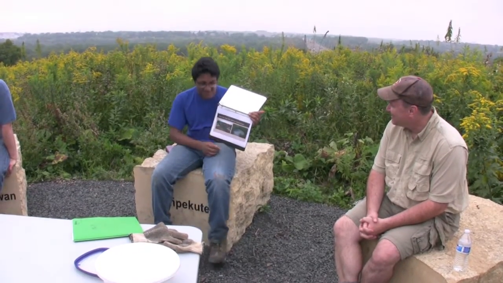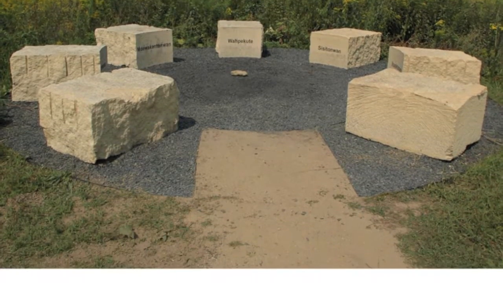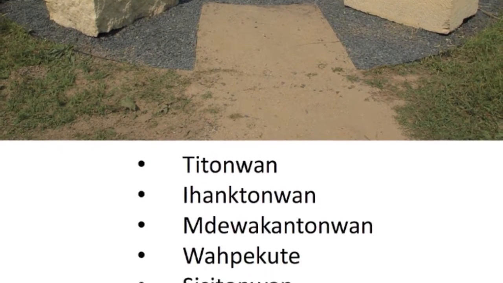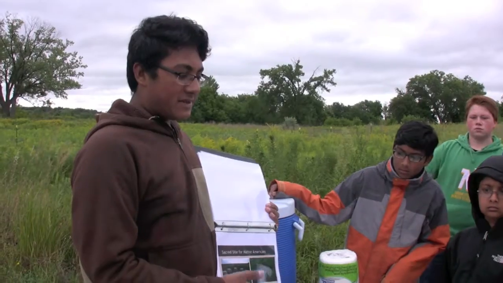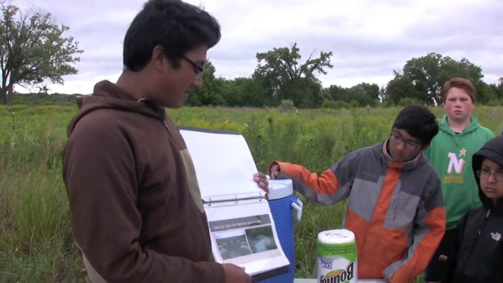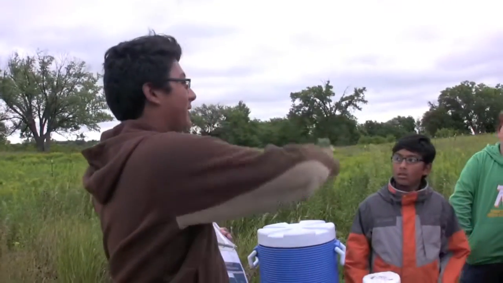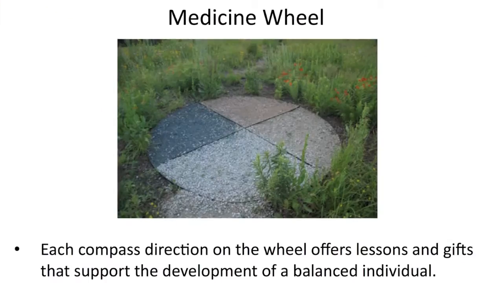So this is also a sacred site for Native Americans. This memorial that we're sitting on has names of different tribes of Native Americans that were in this area, to keep in memory the Native Americans who keep this place sacred. This here is a medicine wheel. It's down there, and there's another one up there somewhere.